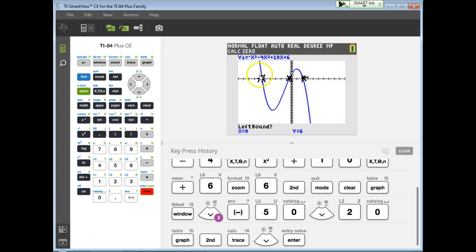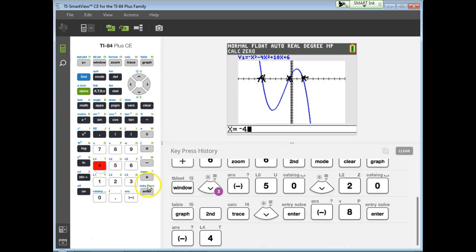They want your cursor to the left, so I'm going to find this one first. I'm going to hop over here to like negative 8. And then something to the right, so I'm going to go to negative 4. And my intercept is in between those two lines, so I'm going to hit enter one last time. And I'm going to write down negative 5.60 because I'm rounding.